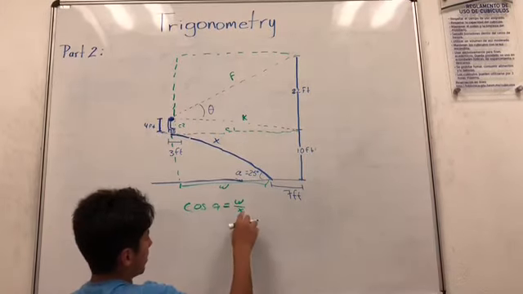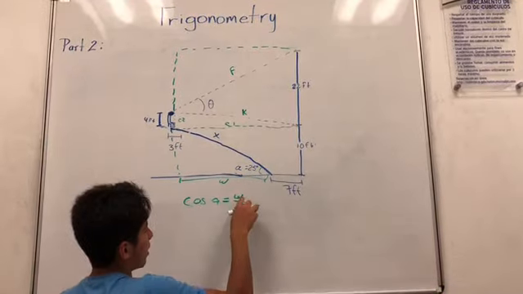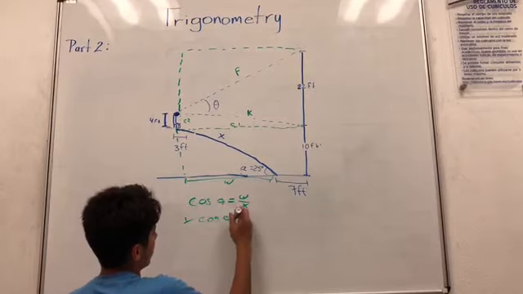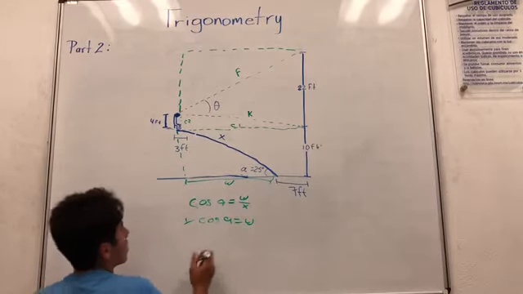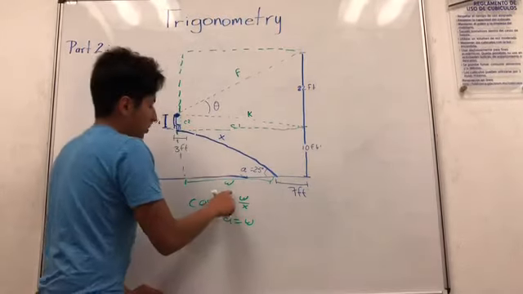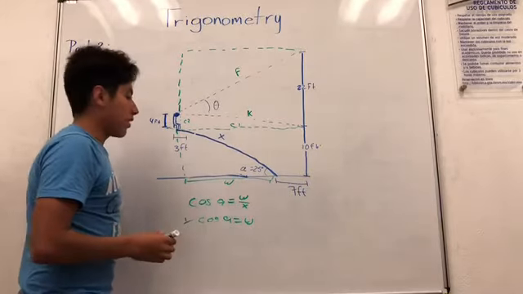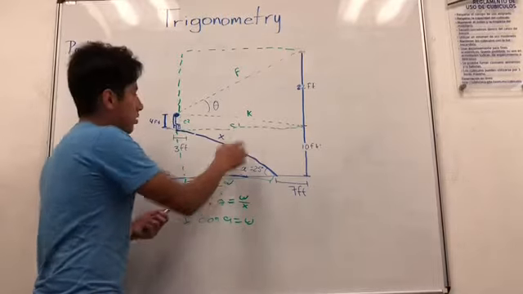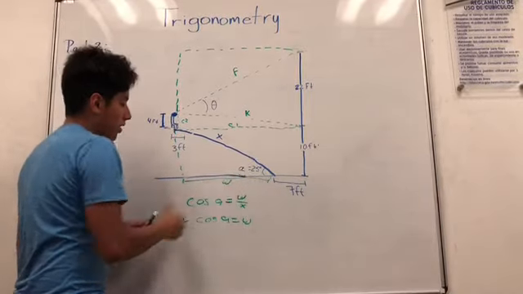We can pass the x to the other side and leave W alone, so x cosine of A equal to W. And right now we have an expression that tells us the length of W, and as you may guess, C1 is W plus 7.